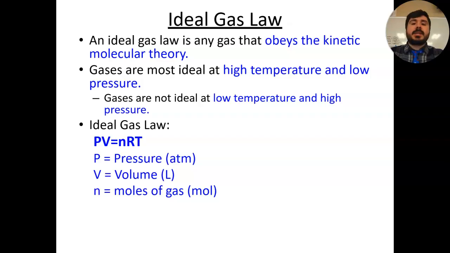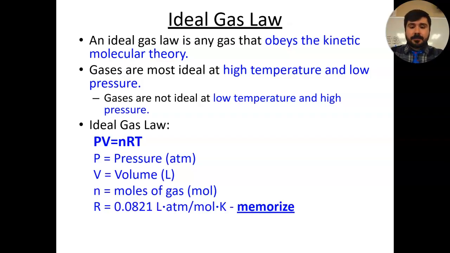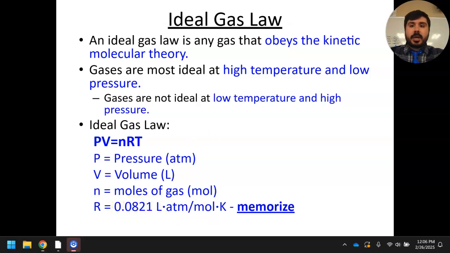Now, next up is this capital R. This is what's known as the gas law constant, okay? Unfortunately, you've got to memorize this thing. Now, what is this capital R? The constant is 0.0821. And now we've got this very funky looking unit here. This unit in its entirety is liters times atmosphere divided by moles times Kelvin.